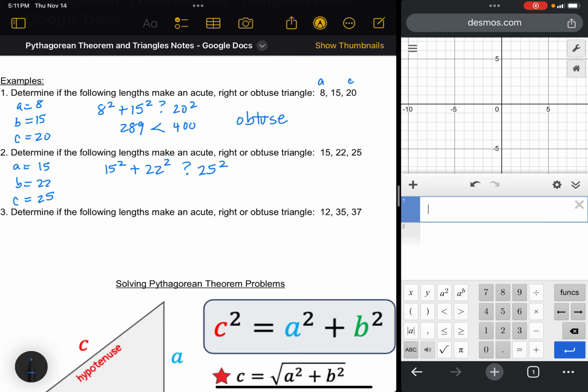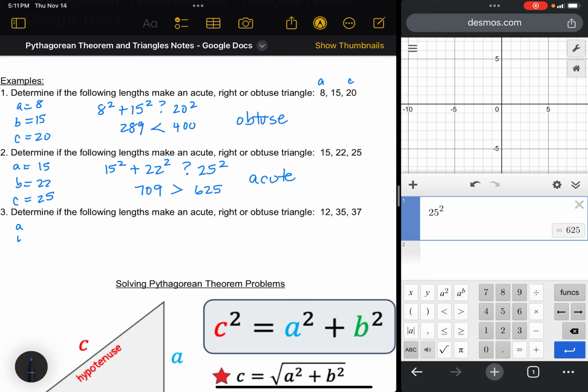So I have 15, I don't know why it's not wanting to do that. 15, there we go, squared plus 22 squared is going to be 709. 25 squared is going to be 625. Yep. So this is smaller, so this is acute.